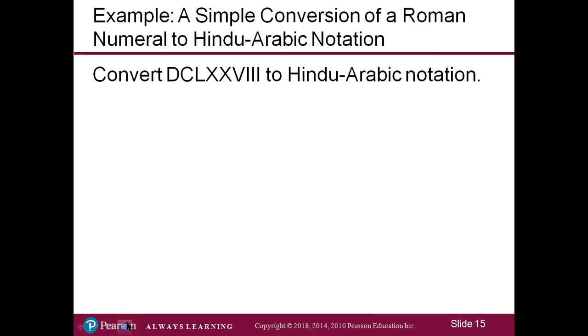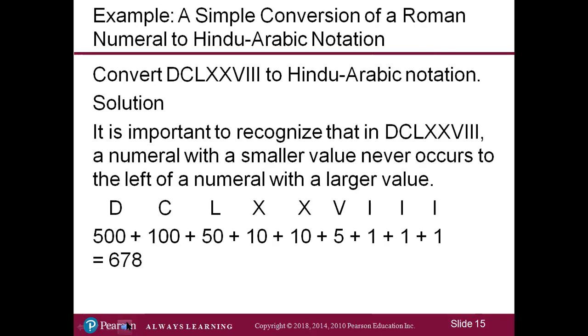Example, a simple conversion of a Roman numeral to Hindu Arabic notation. Convert DCLXXVIII to Hindu Arabic notation. The solution. It's important to recognize that in DCLXXVIII, a numeral with a smaller value never occurs to the left of a numeral with a larger value.